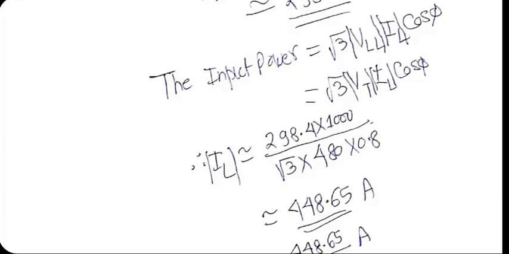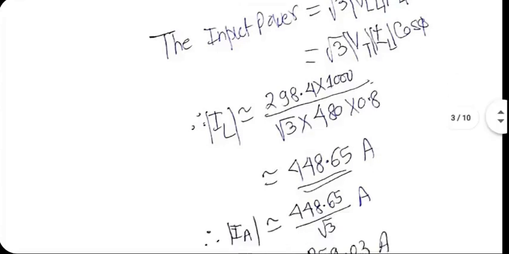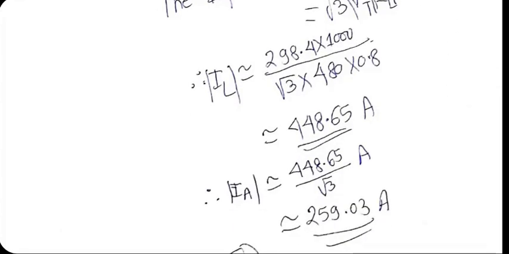Now phase current in case of delta systems is 1 upon square root of 3 of the line current. So armature current magnitude will be actually 448.65 divided by square root of 3 amperes, which is 259.03 amperes. This is only magnitude of armature current. We still don't know the phase.